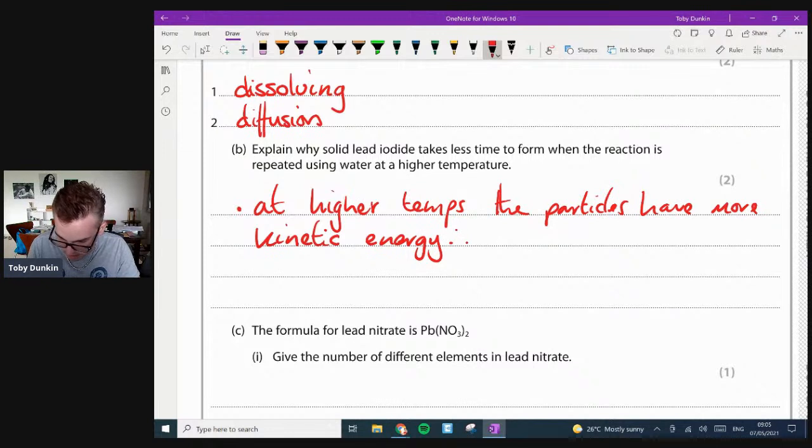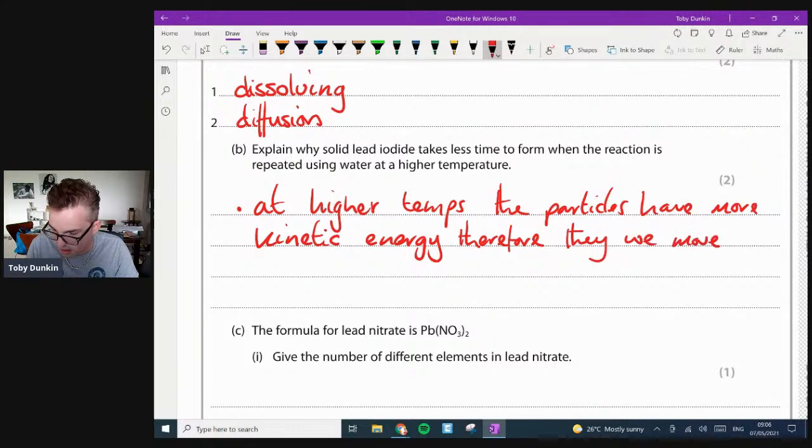Therefore, they will move around at a higher speed.